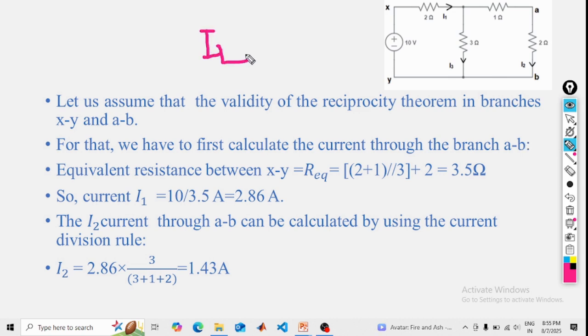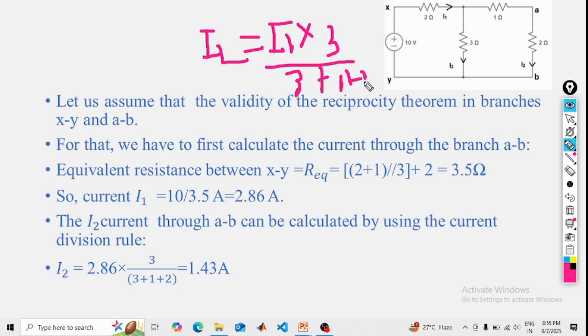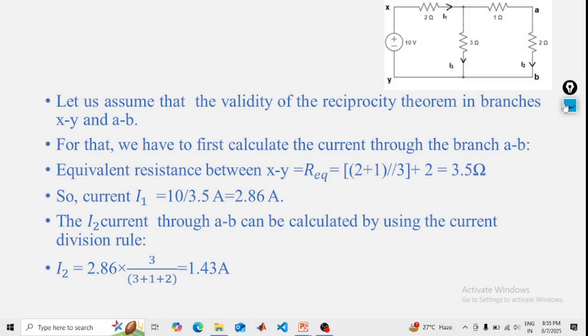I2 equals total current I1 times the opposite resistance 3 divided by the total resistance 3 plus 1 plus 2. Simple, very simple. So the answer is 1.43 ampere. Clear?